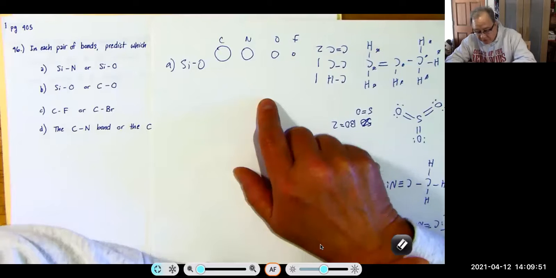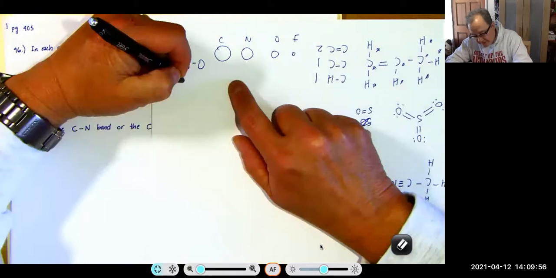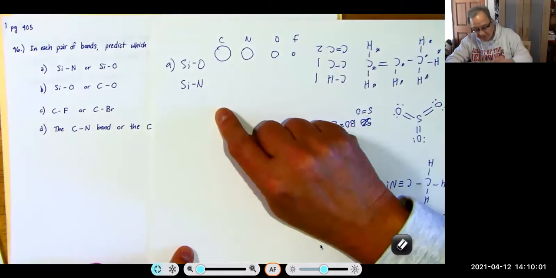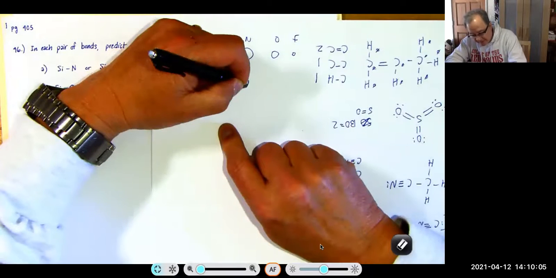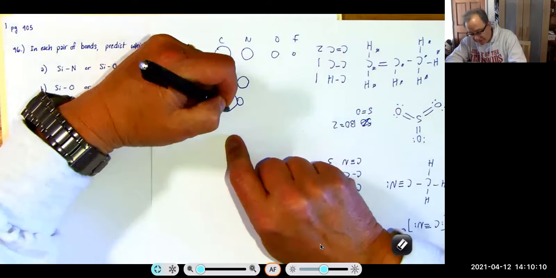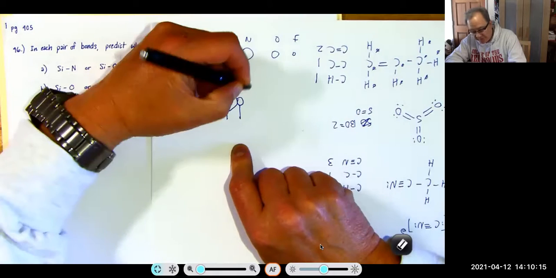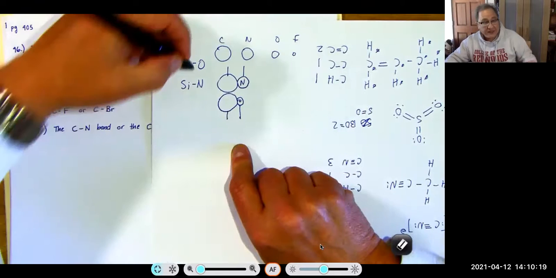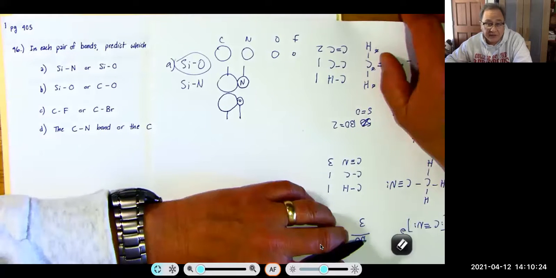So oxygen will be smaller than nitrogen. So a silicon-oxygen bond should be shorter. Because if this is silicon and this is nitrogen and this is silicon and this is oxygen, this length is smaller than this length. So this is the shorter one because silicon is the same in each, but oxygen is smaller than nitrogen.